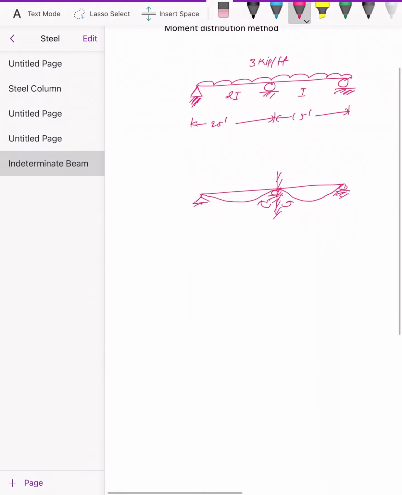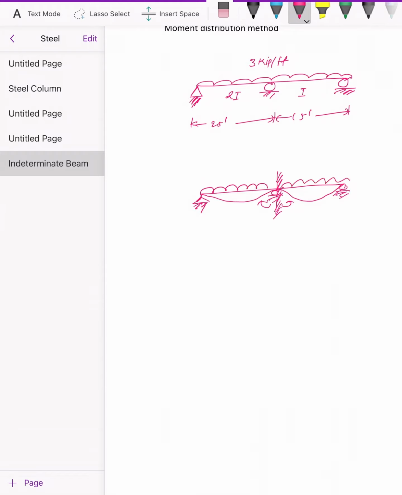When you go further to solve this problem, there are dozens of references where you can find the fixing moment where one end is fixed and the other end is a roller or hinge support. So here in this case we have a uniformly distributed load.